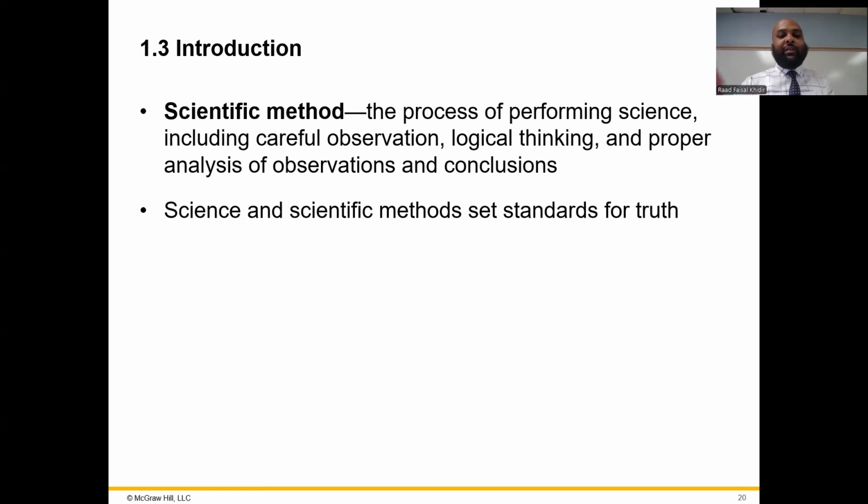The scientific method is the process of performing science, including careful observations, hypothesis, logical thinking, and the proper analysis of observations. So when it comes to science, what do we mean? In science, we have to test testable things. I cannot have an experiment and apply for a peer-reviewed grant because I want to test how much my mom loved me and that kind of stuff.